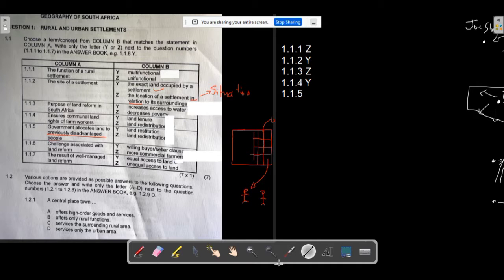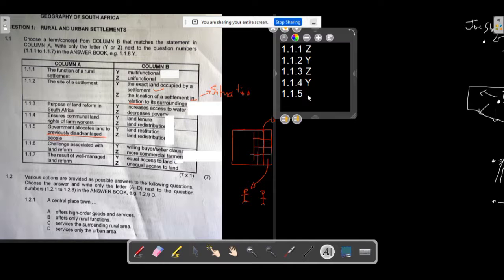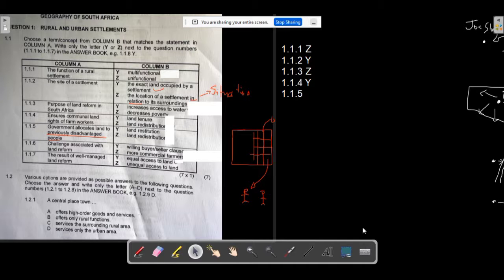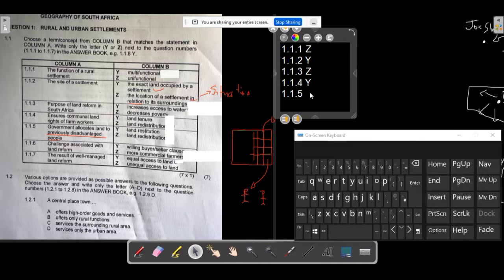This means that these are the people that, of course, lost land due to the apartheid laws, the unfair apartheid laws. So which concept or term corresponds to this definition? Okay, so we have two options. We have land restitution and land redistribution.